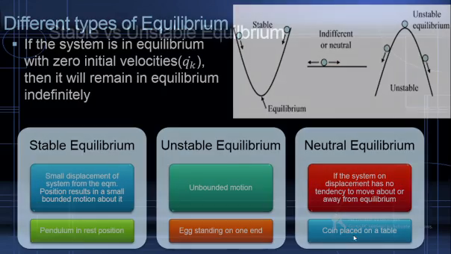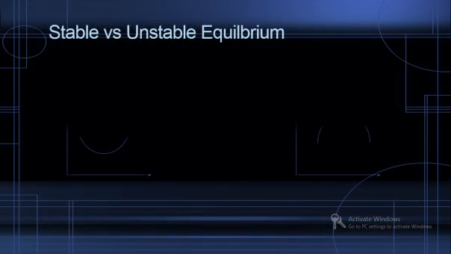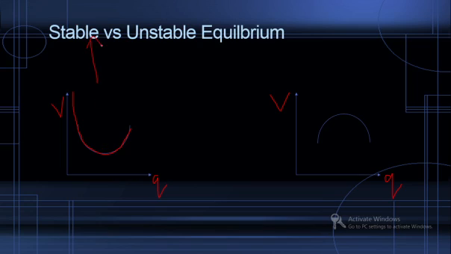So now let us compare a stable equilibrium and an unstable equilibrium. So these represent the potential versus coordinate, and the first figure need not be the same thing. It just means that there is a minimum. So it corresponds to what kind of equilibrium? Yes, it corresponds to a stable equilibrium.